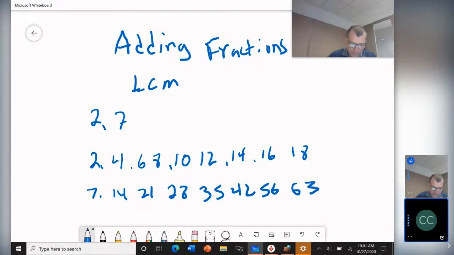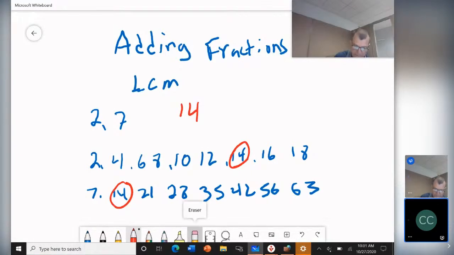So what we find is 14 is the smallest number that both 2 and 7 go into, so 14 is the least common multiple.